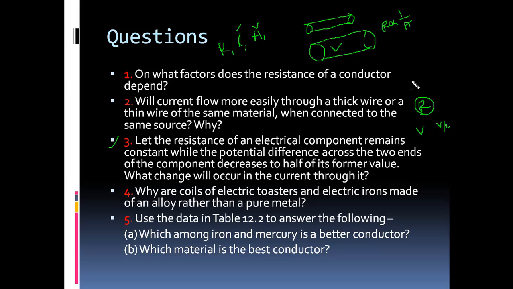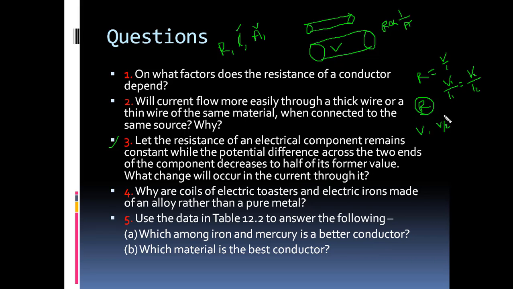As you know that R equals V divided by I. So as resistance is constant, we can write that V1 divided by I1 equals V2 divided by I2, because resistance is constant. So here what change will occur to the current through it?